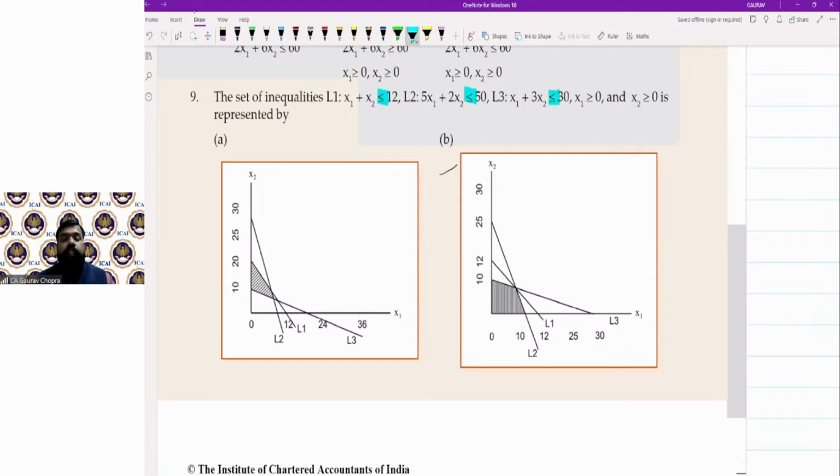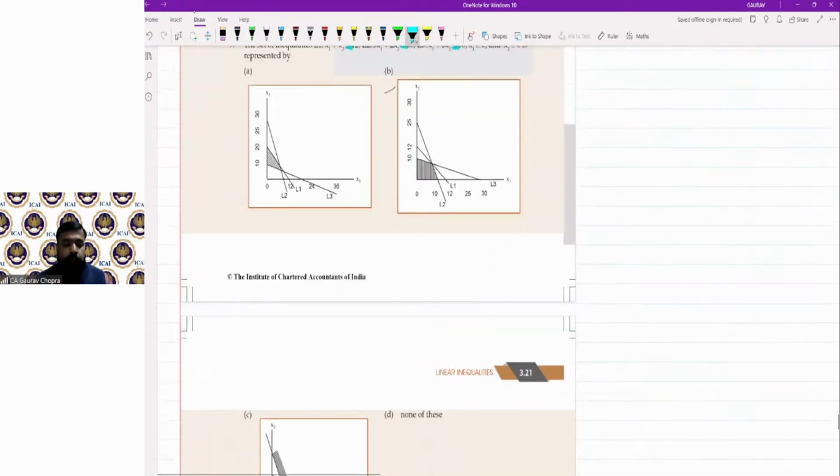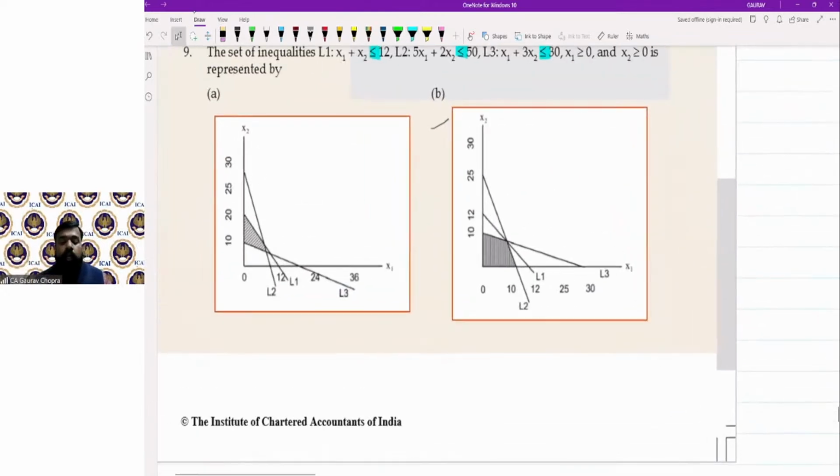All three are less than. That means the common area will be towards the origin. The left hand side of all three will become the common region. So clearly we can see which diagram will be correct. Option number B, the one that is inside all of them, will be the common region. So option number B is correct.